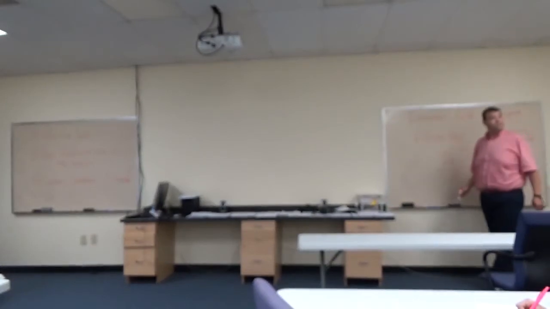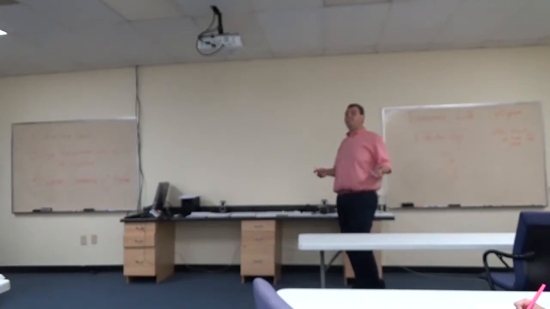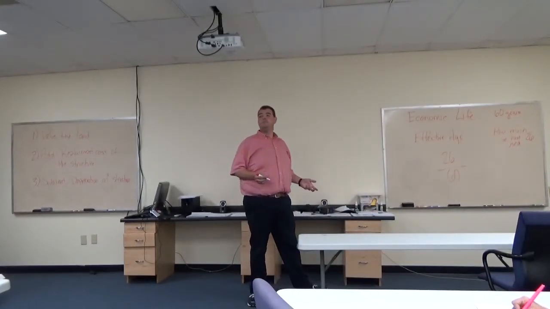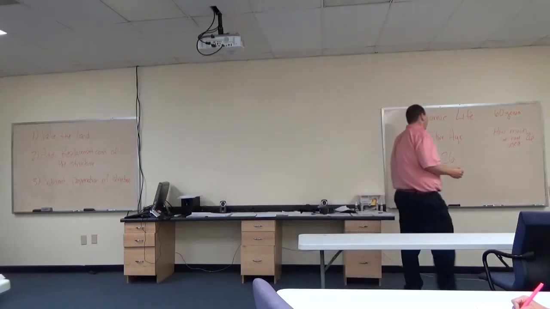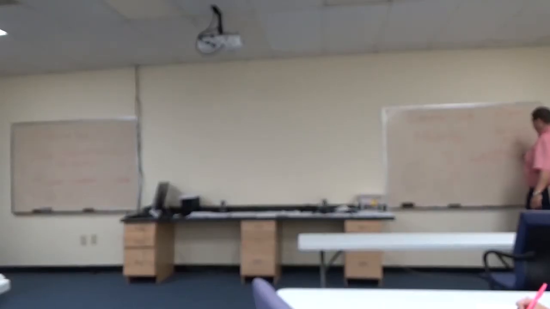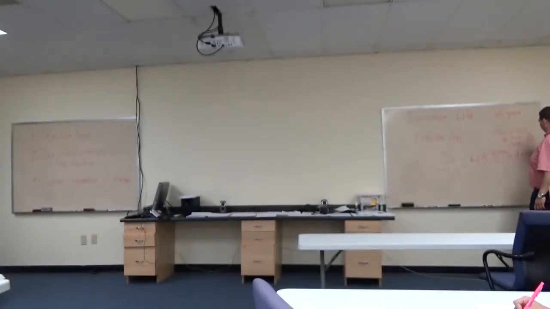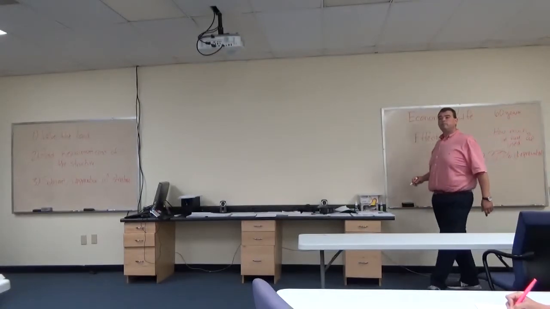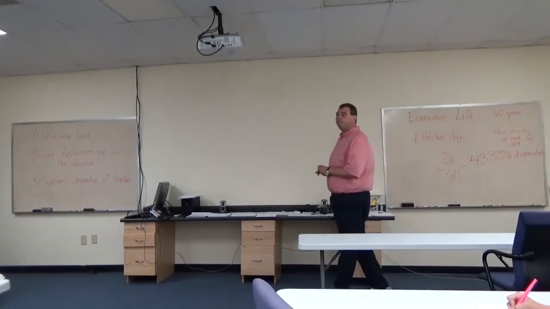There's your depreciation right there. 26 divided by 60. What's the depreciation percentage? 43.33%. So what we would say is that building is 43.33% depreciated. Does that make sense for everybody?